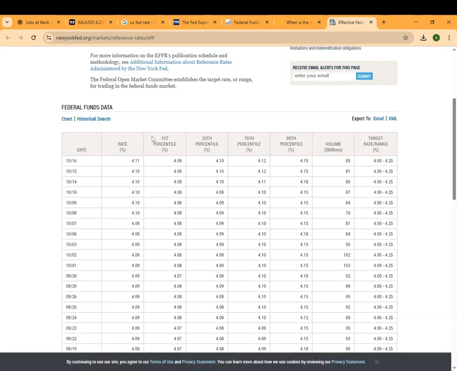If we see the other chart, the historical federal funds data, then we see safe haven demand and geopolitics, trade wars, global instability, and inflation fears all close to the scenario.